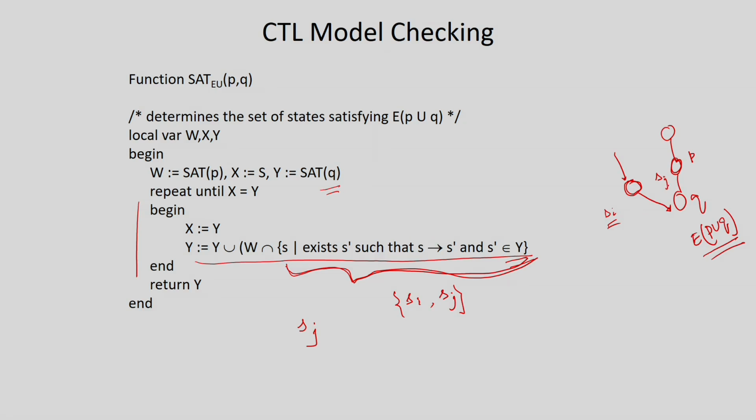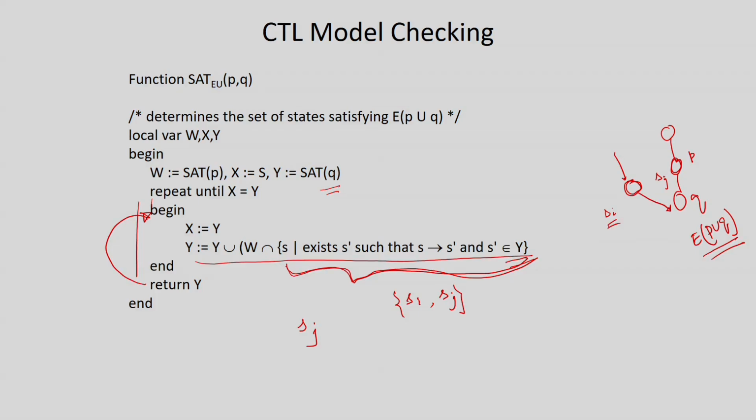Then again it goes to the loop, repeats, and checks whether x equals y. In this case, x will not be equal to y, because x is the initial state and we added something extra to y. So, it stays in this loop until we cannot add any more states to the set y. Then it comes out of the loop and finally returns y.